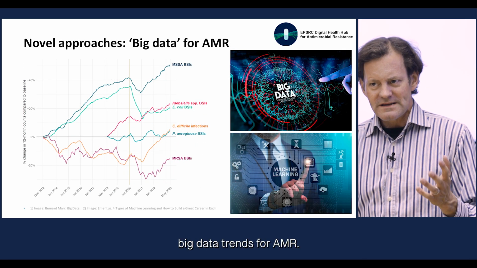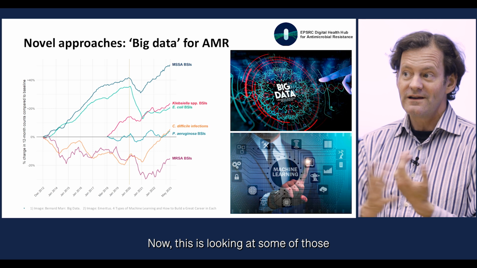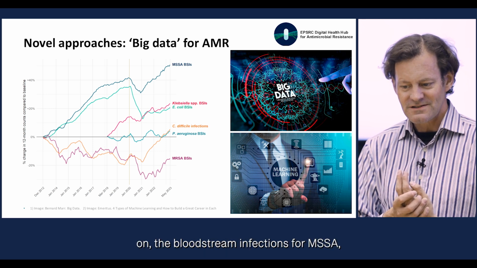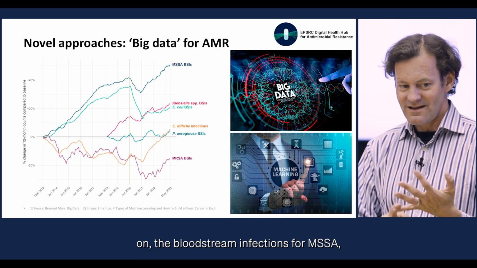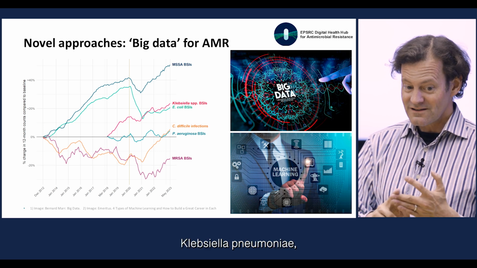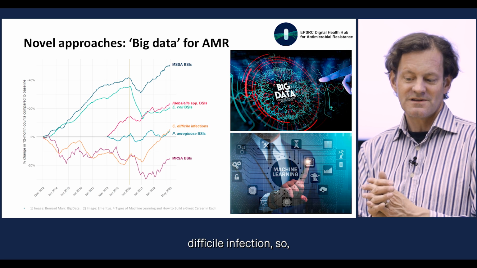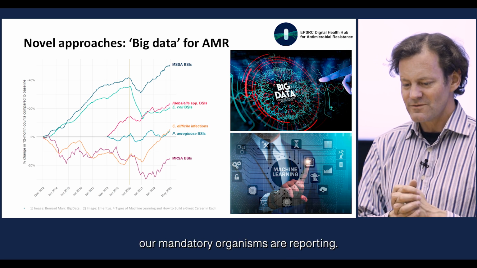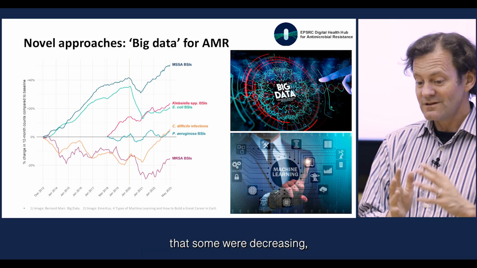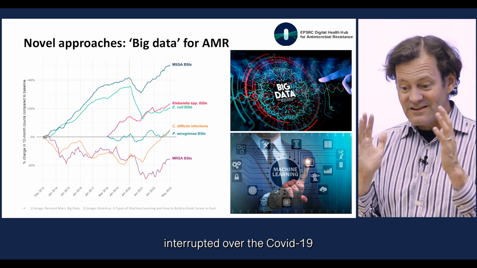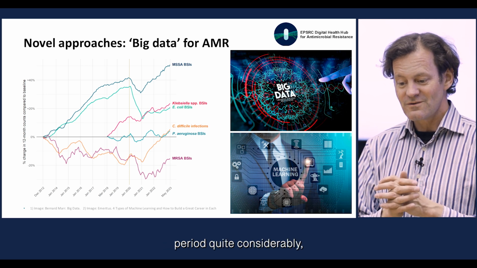We also want to look at big data trends for AMR. Now, this is looking at some of those other infections we talked about early on, the bloodstream infections for MSSA, MRSA, Klebsiella pneumoniae, Pseudomonas aeruginosa, E. coli, and also Clostridium difficile infection. So our mandatory organisms for reporting. And again, these trends show that some were decreasing, some were more flat, interrupted over the COVID-19 period quite considerably.